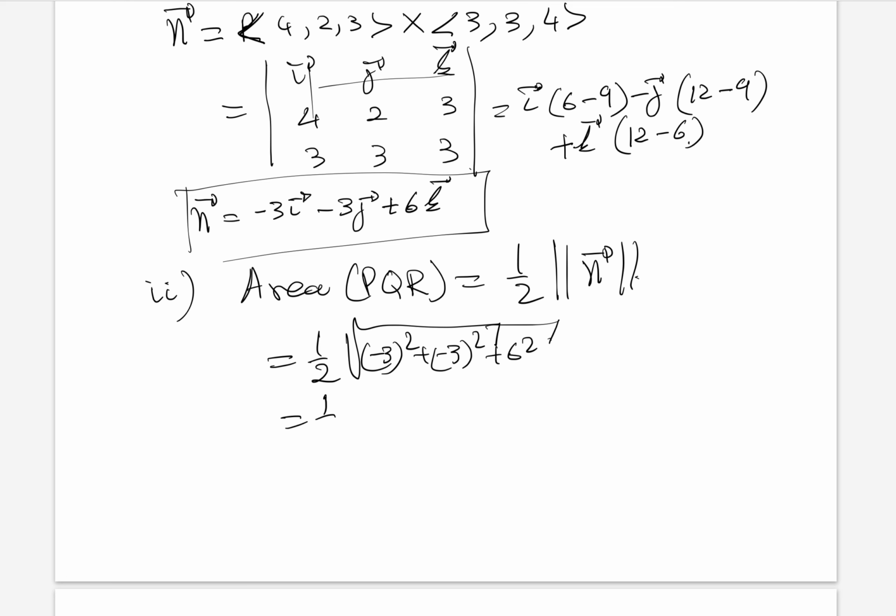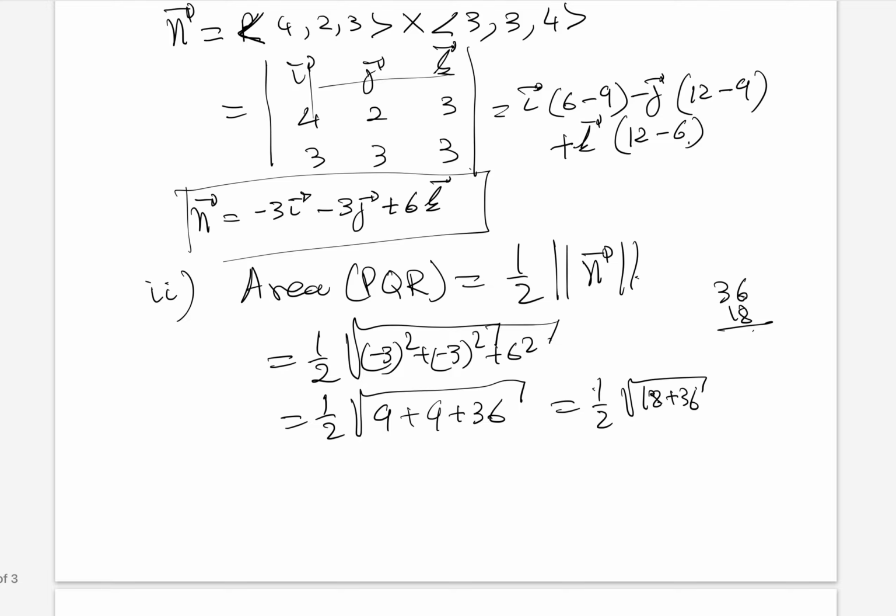And you will have 1/2 square root of 9 plus 9 plus 36, which is 1/2 square root of 54.